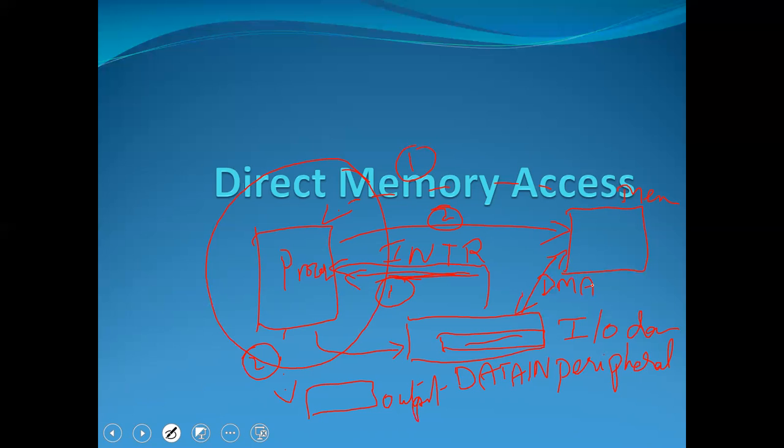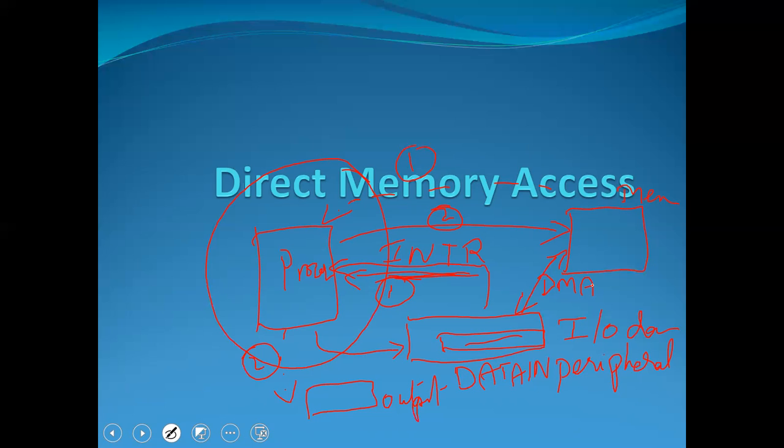When there is a block of data, a large amount of data, which has to be transferred to the memory, the instructions in the program can be written such that the DMA process is invoked. The processor informs the peripheral devices that direct memory access has to happen.